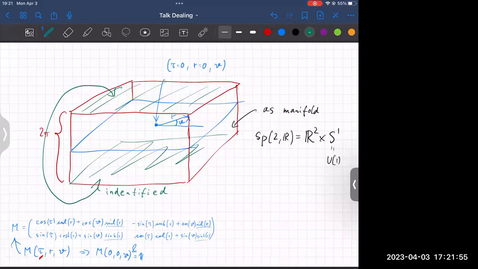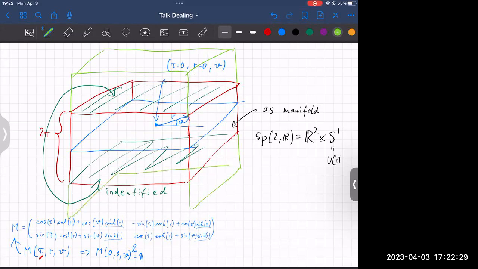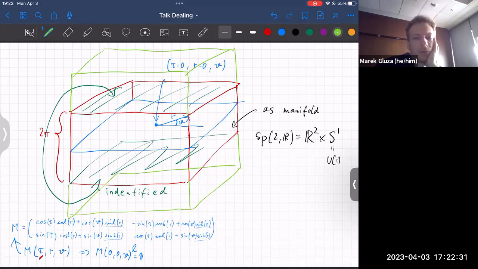And what is the double cover? The double cover of the symplectic group is really nothing else than gluing 2 copies of the symplectic group together. So the metaplectic group is essentially the same set, but you have another copy here and down here. So it's 4 pi periodic.